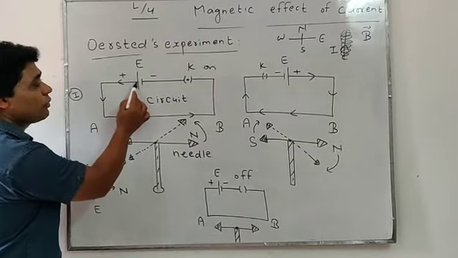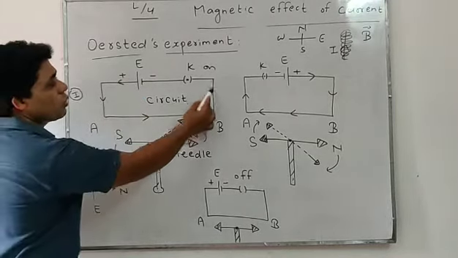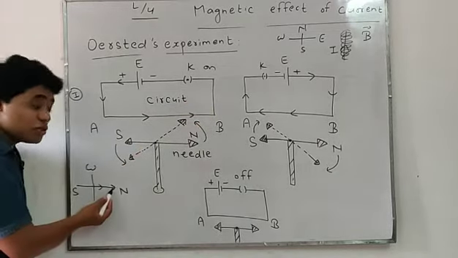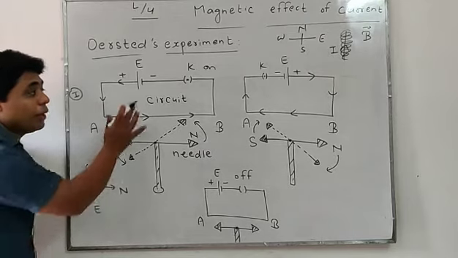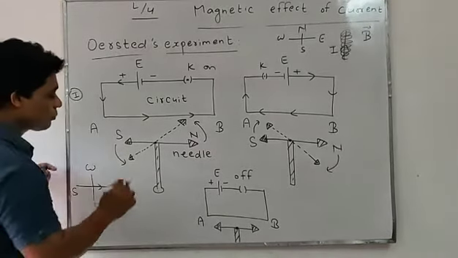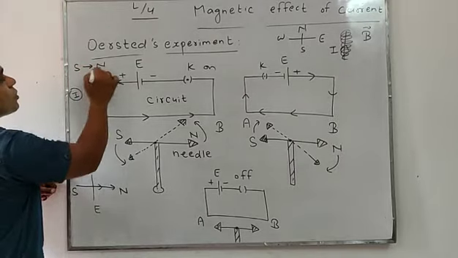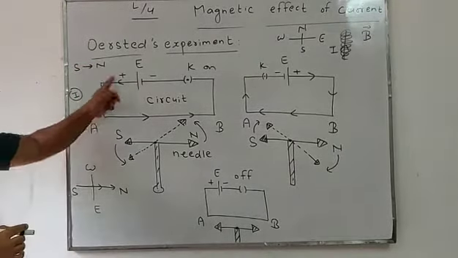Current is moving from positive terminal to negative, A to B, which is south to north. It means in the first condition, the direction of current is from south to north.